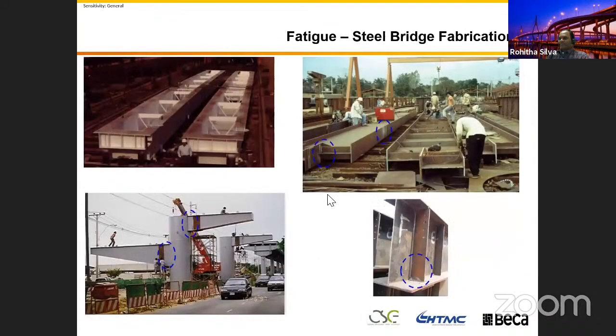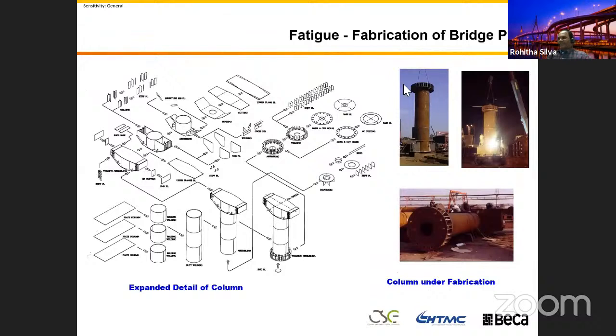If you go to this here in the back, you can see behind you, this pier column is fabricated. This is the column fabrication on the side, in the yard. You can see this vertical column is fabricated. It's already finished. You can see in here the people are doing welding, and doing checking.